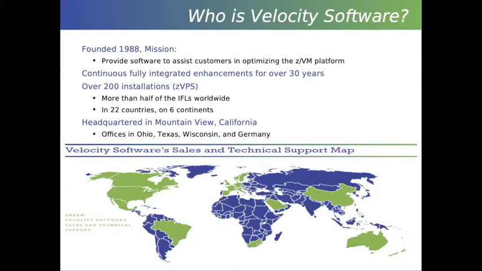We have well over 200 installations of zVPS, more than half the IFLs worldwide, 22 countries, 6 continents, and I'm sure that at some point, if a mainframe gets installed in Antarctica, we will be on it at some point in time. Headquartered in Mountain View, California, with offices in various places in the United States and also in Germany.